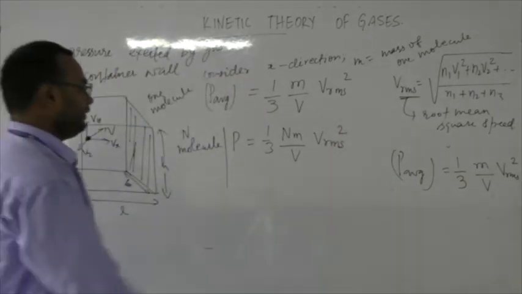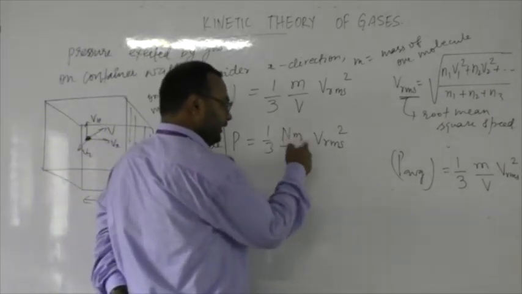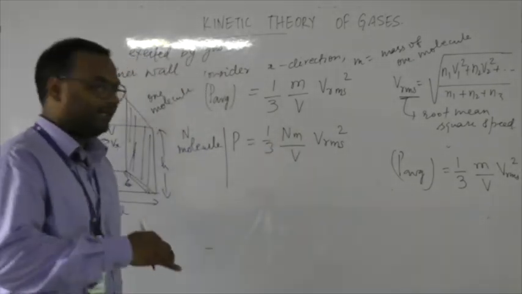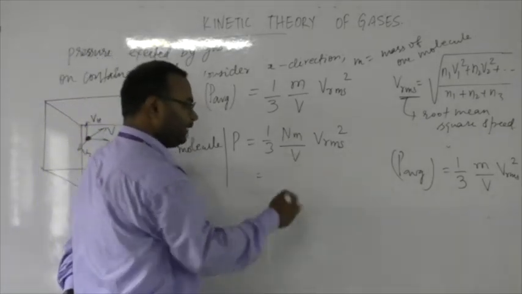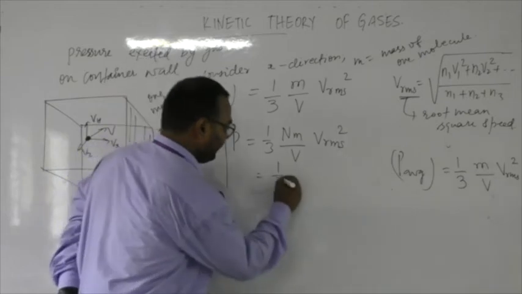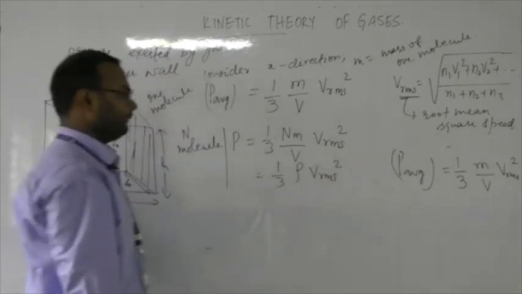This is because of n number of molecules, and mass of one molecule into n number of molecules is the mass of the whole gas, and mass of whole gas upon volume becomes density. So we can also write 1 by 3 rho Vrms square.